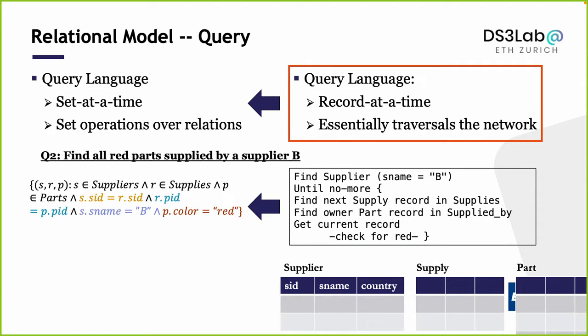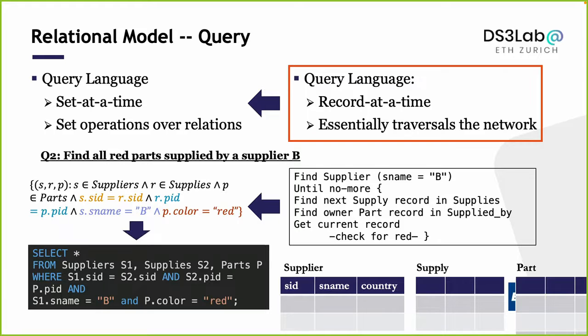It's simply a longer formula to specify the condition that some tuple is in the result. I don't tell the database how to find those tuples. I tell the database the condition, and it's the database's job to understand how to find the tuples that satisfy this condition. Again, in a couple of weeks, you are able to write a SQL query like this, which specifies pretty much the same logical formula.